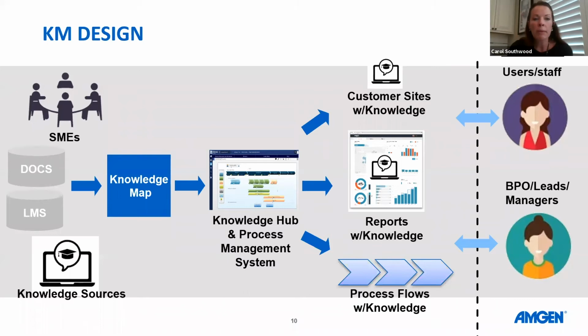But by uploading that knowledge map, we've also been able to create attributes called knowledge objects. Those knowledge objects are tagged to each process area because we've already done that in the knowledge mapping to say, this is your L1, L2, L3 process. These are all the resources that you need. Now we want the visual representation of how those things connect with the process models themselves. So we've done that within the process management system.